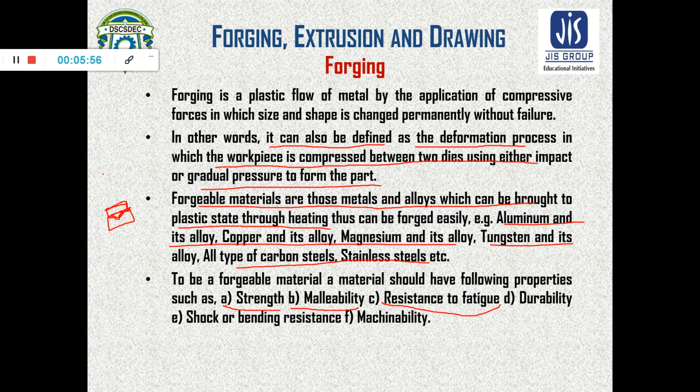The material should resist the fatigue failure generated inside the material due to those load cycles. Next is durability. The material should be durable, and it should have shock or bending resistance. And lastly, it should have some amount of machinability.